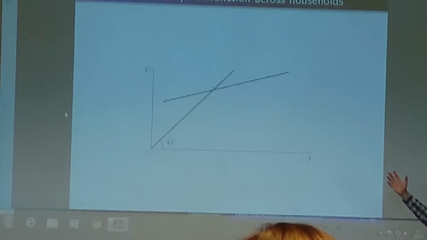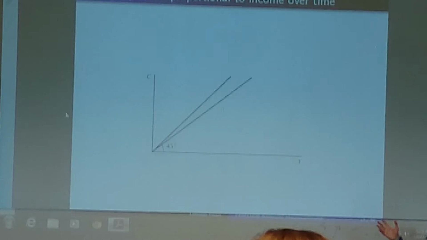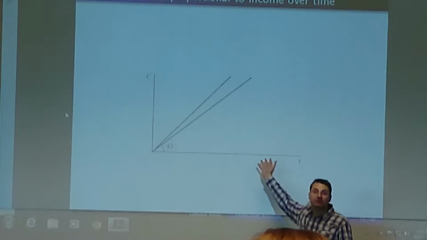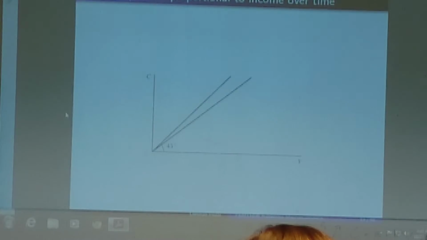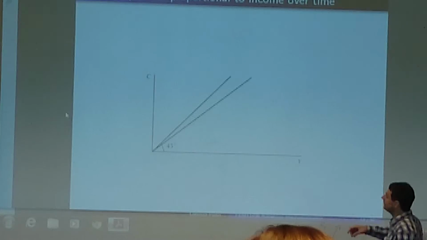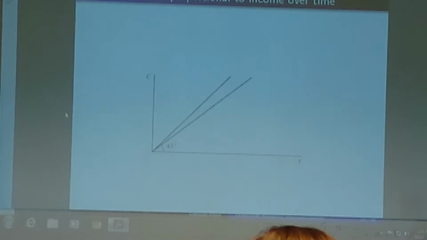But it's not proportional. It's this type of relation. This other type of study is time series. You can also look at one country, but with aggregates, and you will see that over time, as income grows, consumption tends to grow too.